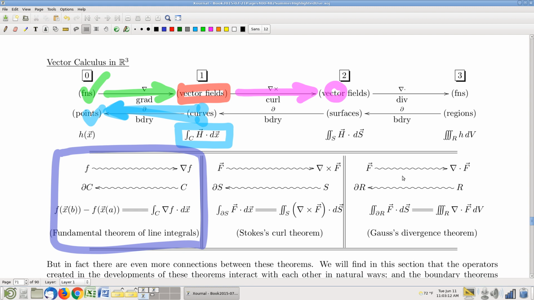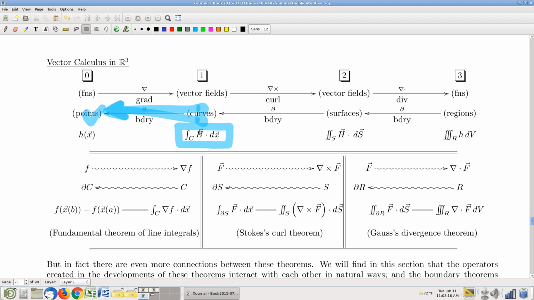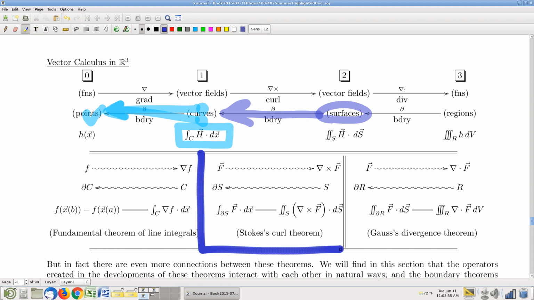We had these two curves with the same boundary points, and then we considered a surface whose boundary was both of those curves. And to that surface, we applied Stokes's curl theorem, and that was how we drew a conclusion about what the curl was.